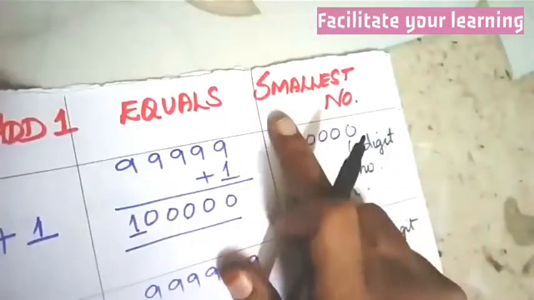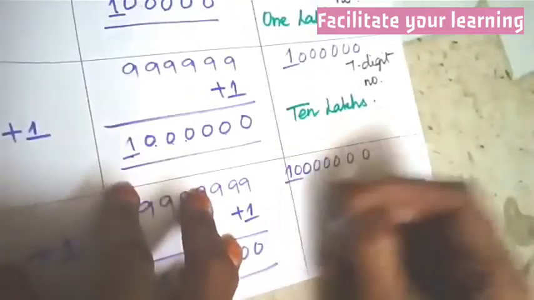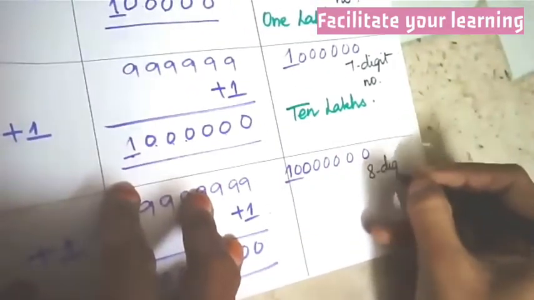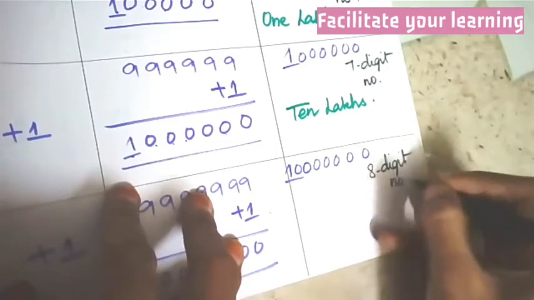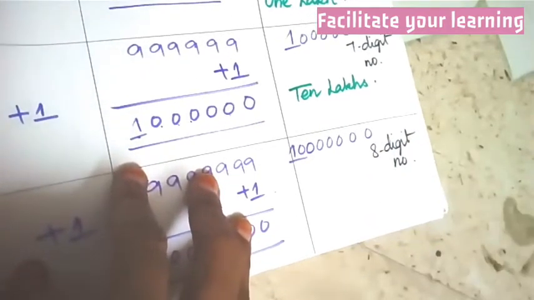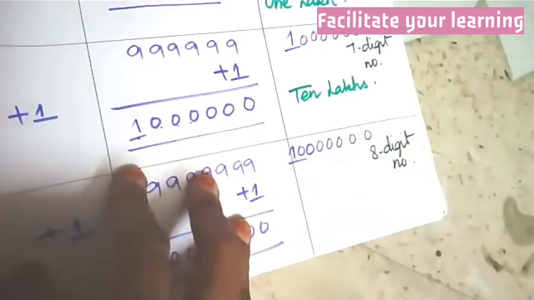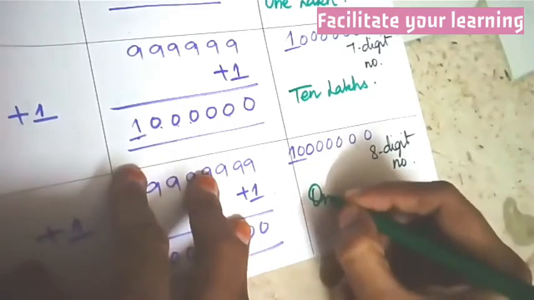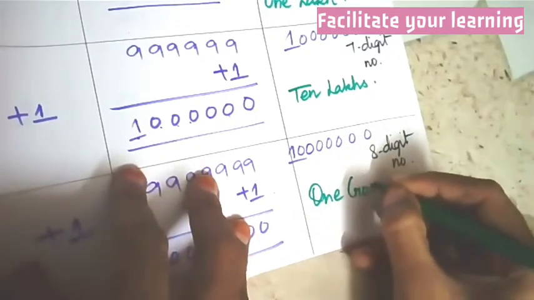It is the smallest 8-digit number, and you have to read it as 1 crore. Repeat after me. You have to read it as 1 crore.